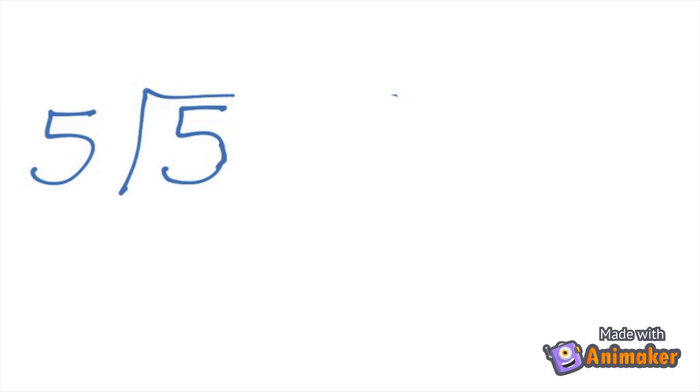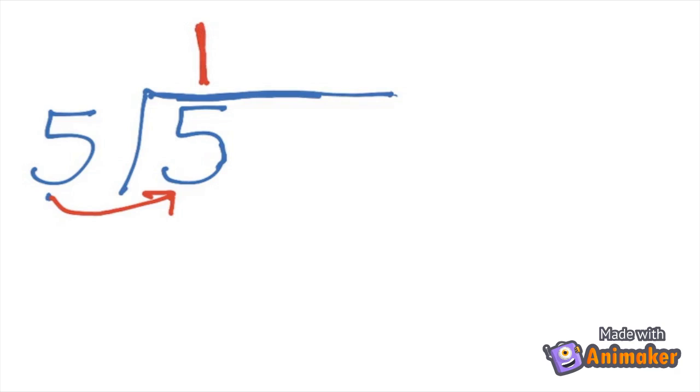Now, when I start doing division with a house with the long symbol like we have here, we're going to start with the 5 and we're going to ask ourselves, how many times does 5 go into 5? Well, we know that 5 and 5 are the same, so 5 will go into 5 one time.